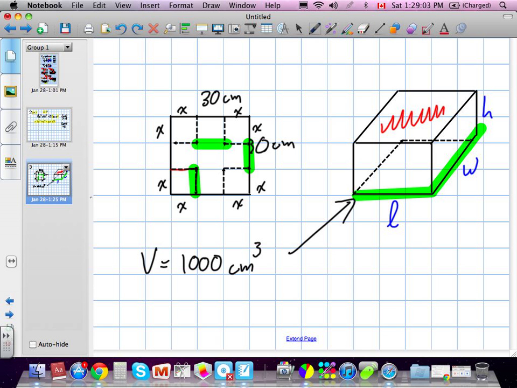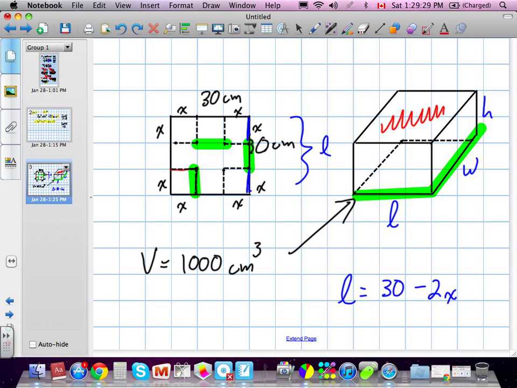I know that the total distance here, let's say we'll call this, what did we say that was going to be? The length. We know that the length is going to be equal to the number 30, subtract this measurement, which is 1x, this measurement, which is 1x. Okay. So together it would be subtracting 2x.